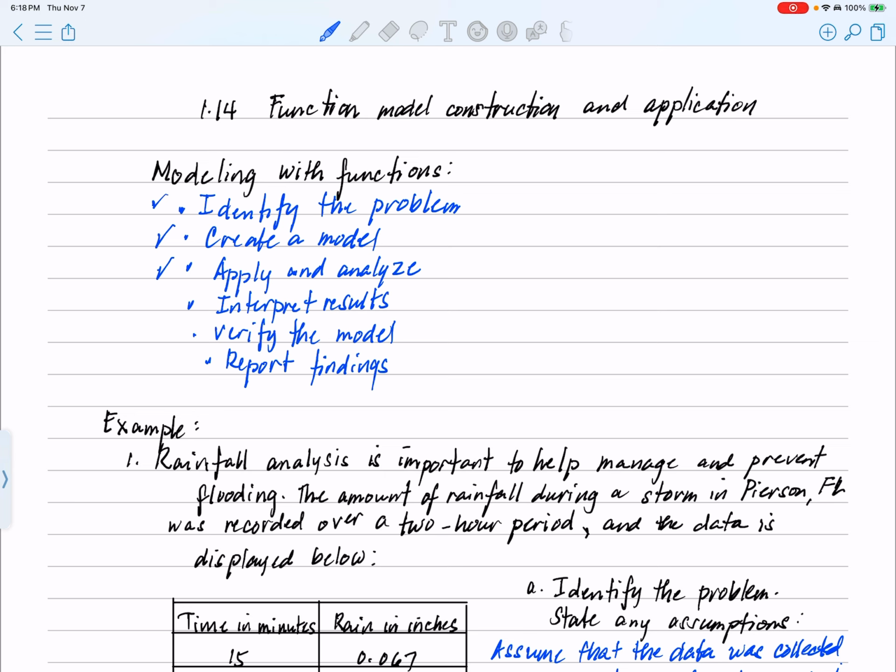Next is interpret results. We interpret the results that come from applying the model. Interpreting results includes determining whether the answer makes sense in terms of the context, and identifying any extraneous solutions from the model that do not apply to the situation.